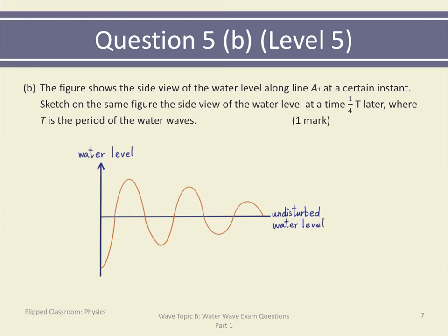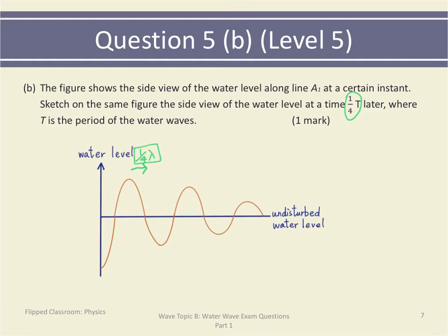Now we go to part B. The figure shows the side view of the water level along the line A1 at a certain instant. You're asked to sketch on the same figure the side view of the water level a quarter of T later, where T is the period of the water wave. After a quarter of T, the whole shape of the wave will move to the right by a quarter of a wavelength.